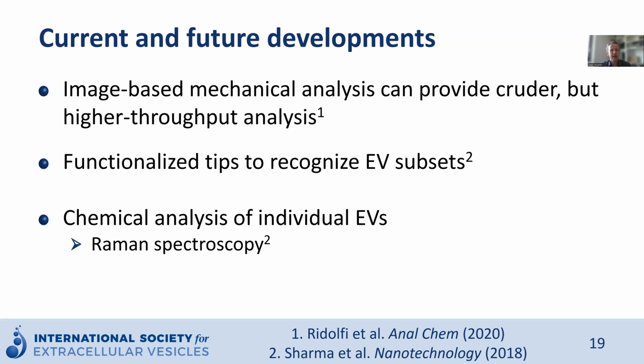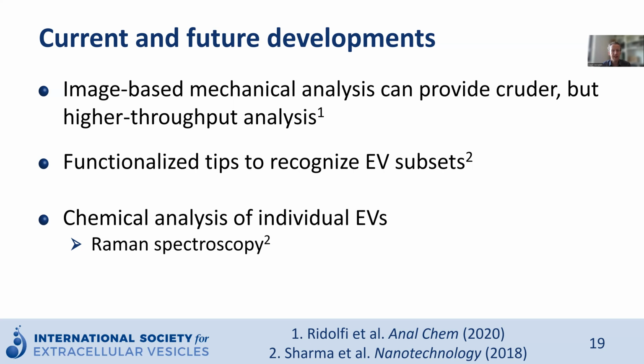Since AFM use for EV characterization is still in its early days, multiple exciting applications are still under development. This includes efforts to gain more information from AFM measurements or to enhance the throughput. New approaches for mechanical characterization based on images and vesicle shape alone, and by making assumptions about the adhesion energy between vesicles and their substrate, can perhaps provide much quicker analysis of basic vesicle mechanical properties.